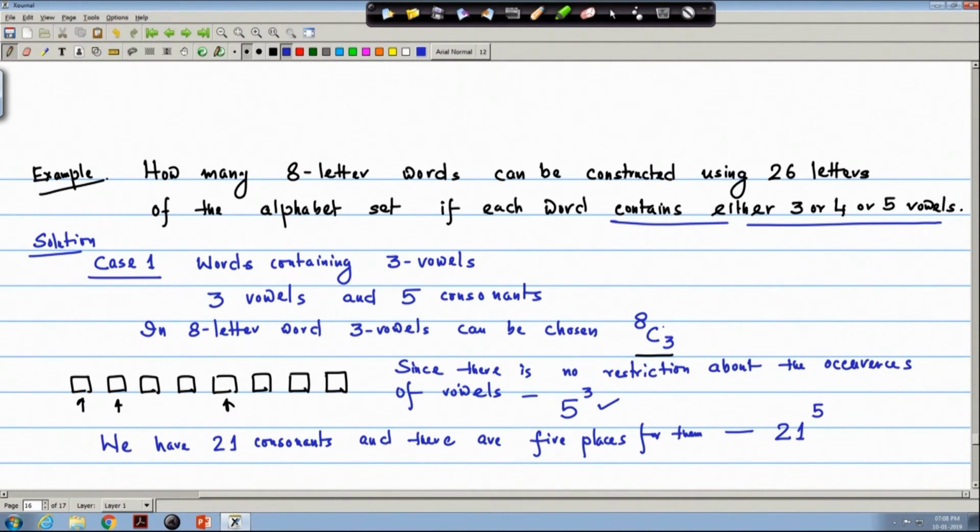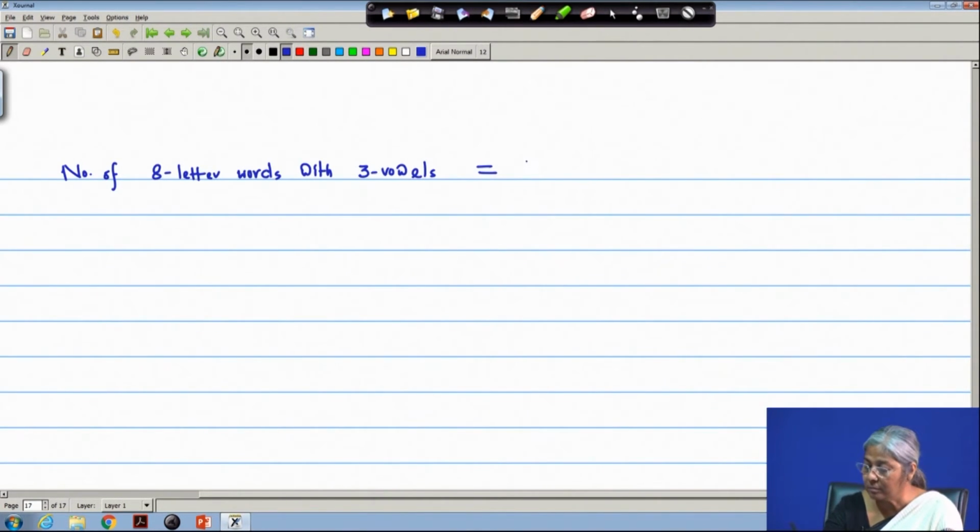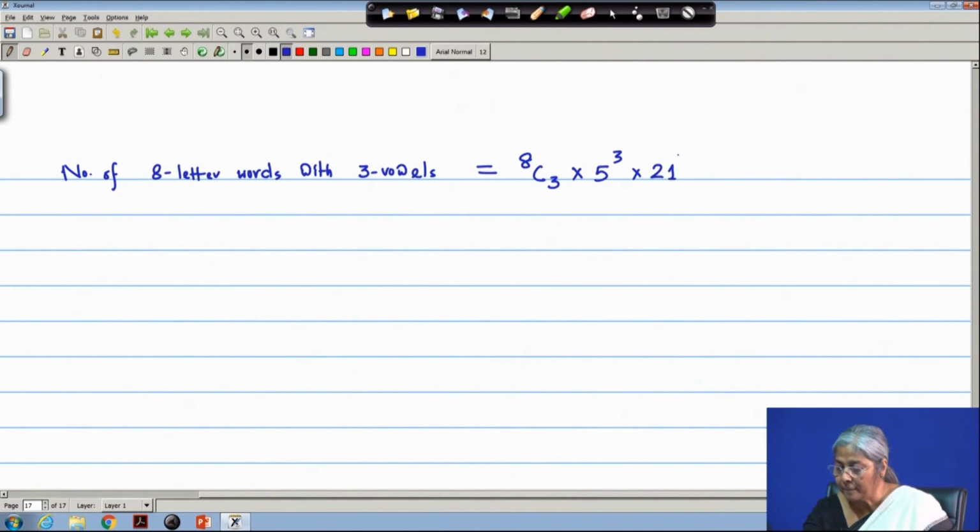Then since there are 5 vowels and 3 positions, 5 to the power 3. So, this number is equal to 8C3 into 5 to the power 3 into 21 consonants to the power 5 places.